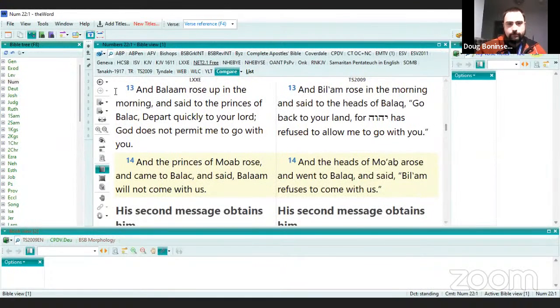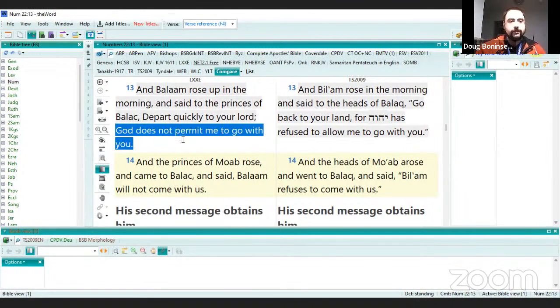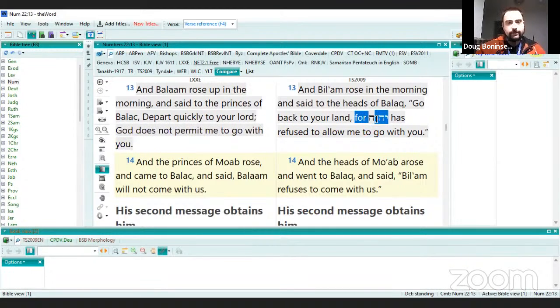See here. Balaam rose up in the morning and said to the princes of Balak, "Go, depart quickly to your master. Elohim does not permit me to go with you." And again, the difference here: the Masoretic has Yahuwah. Now, wait a minute. I think this is where the ISR is kind of improvising here.